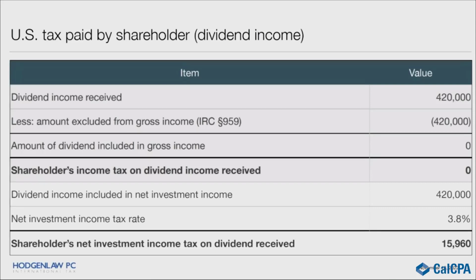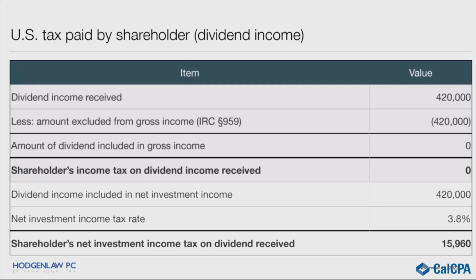Unfortunately, the Section 959 exclusion from gross income does not apply to our friend the net investment income tax. So the unshaded little rows here in this box are the computation of the net investment income tax liability. And the reason is because the definition of net investment income is not the same definition as income for income tax purposes.